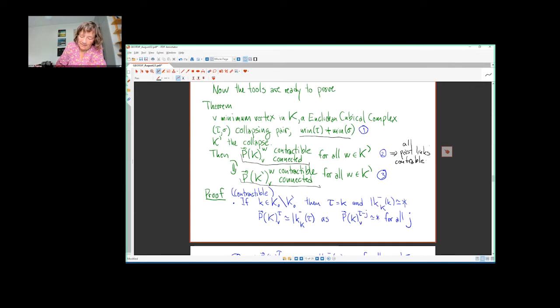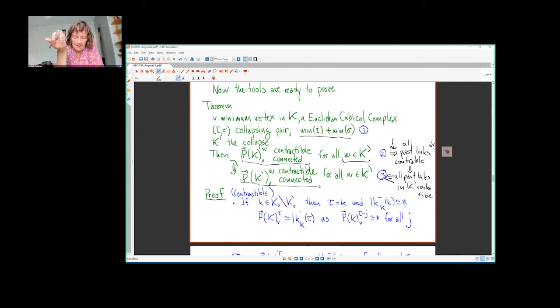And then I want to use this to say that all past links in K prime are contractible. And then I want to go like this, right? This is where I need the realization result, that if they are all contractible, then all path spaces are also contractible. There is a little thing here, because I'm only looking at the vertices that are also there in K prime.